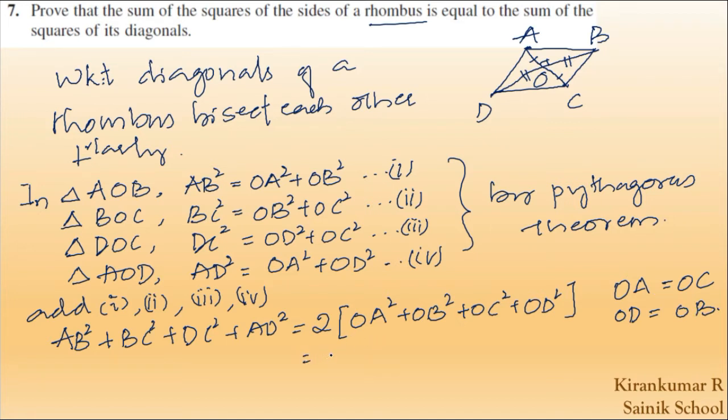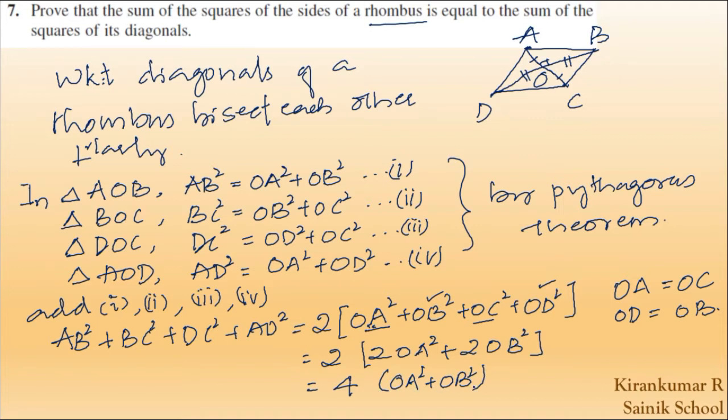So I'll write this as twice of, instead of OA and OC, I'll consider OA only 2 times, so 2 times of OA square plus 2 times of, instead of OB and OD, I'll consider 2 times of OB square. So we get the result as 4 times of OA square plus OB square.